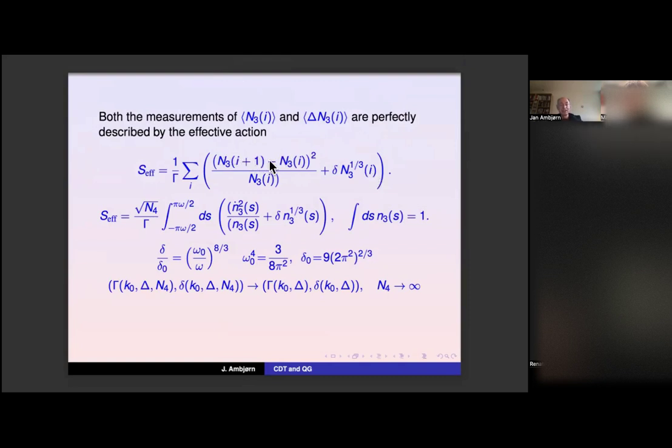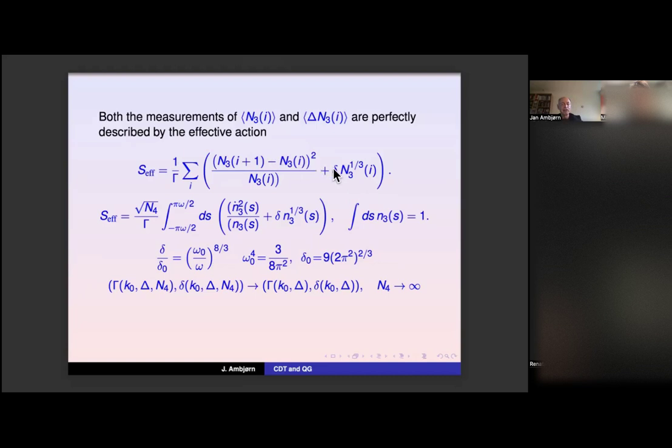So here's a kinetic term, and here's another term, and these are the two coupling constants, which enter because this delta is related to the omega that we observed, I mean the width in the time direction of the blob. They're related like this. Delta is omega to the 3/8 times some constant, and these constants I'll come back to in a second.